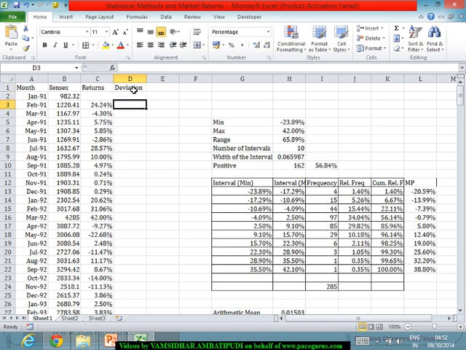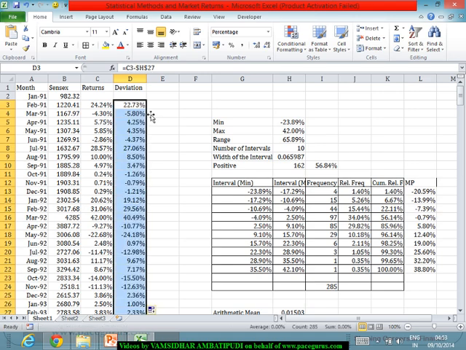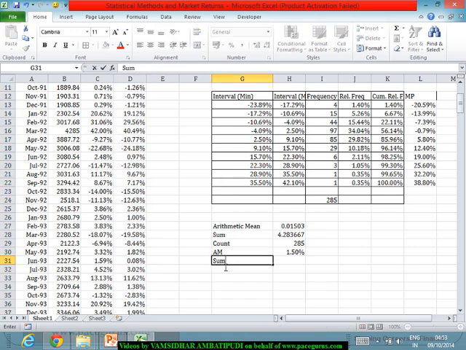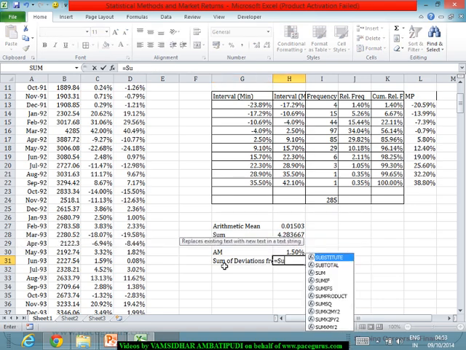So I'll subtract the mean from each observation, and then sum up all the deviations. The sum of deviations from the mean. Just see what we are going to get.